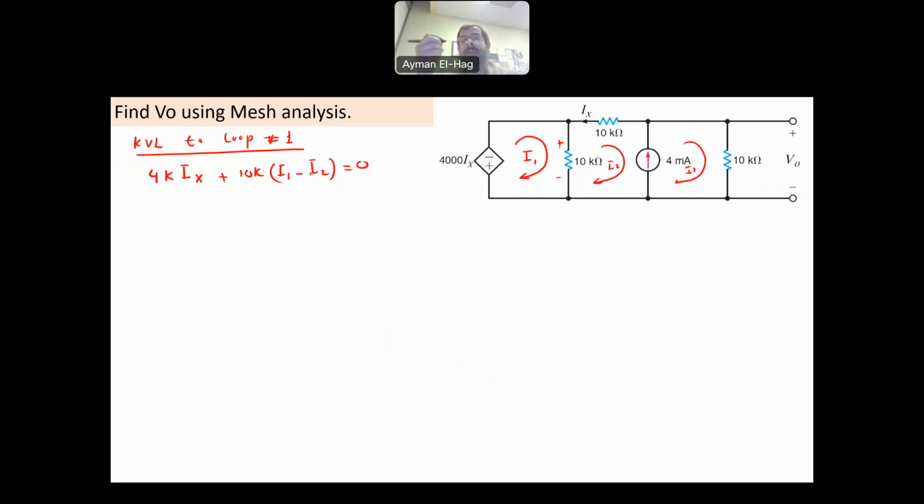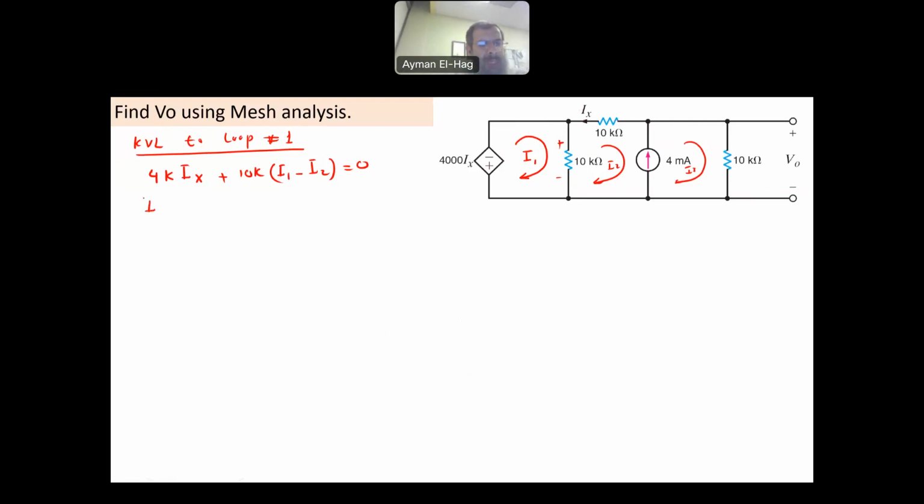As we know in mesh analysis, we need the number of equations equal to the number of loop currents. Because of the dependent source, we have an Ix. I don't want to continue with Ix as another unknown, so let's figure out what Ix is. Ix is the current going in this direction, and I2 is the current going in the same branch but in the opposite direction.